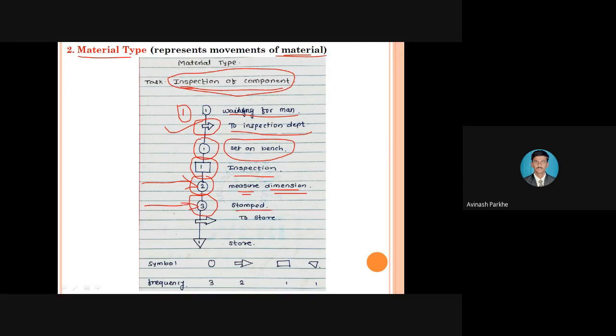Then the sixth operation is again represented by the same symbol, that is operation number 3. What does it indicate? Stamped. Once all the dimensions are measured, we have to give one stamp on that material, indicating that inspection is over. The stamp will be given by the operator.